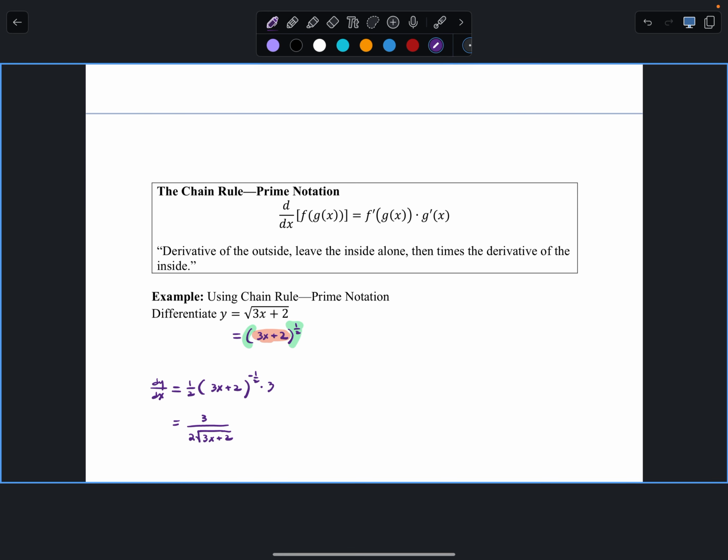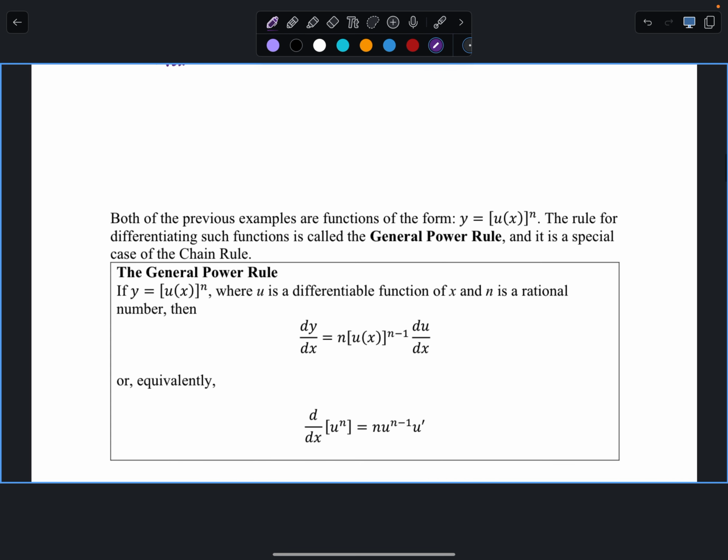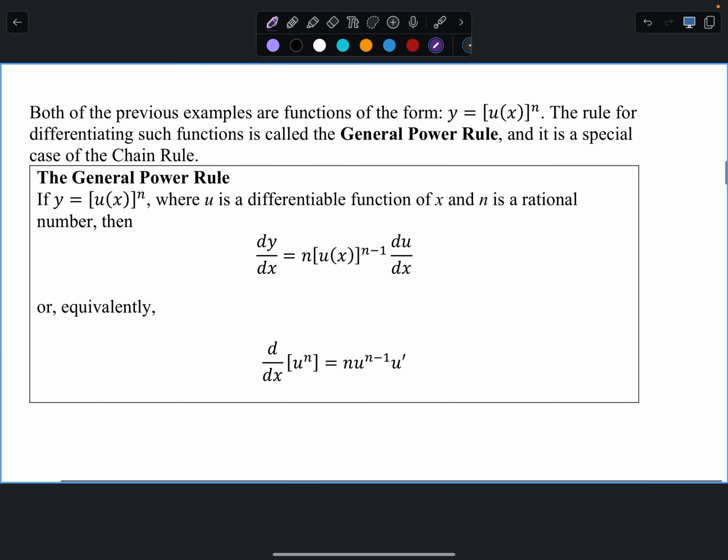For algebraic functions where you have to use chain rule, that can also be thought of as applying the general power rule. General power rule is just a special case of chain rule. So all general power rule is chain rule, but not all chain rule is general power rule.